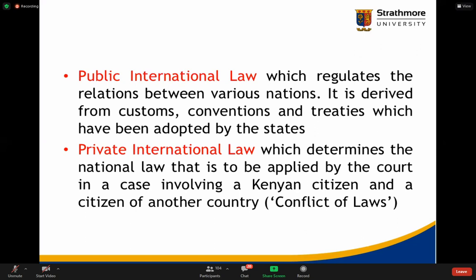The International Court of Justice is one of the organs of the United Nations, and its work exclusively is to settle peacefully disputes between states.